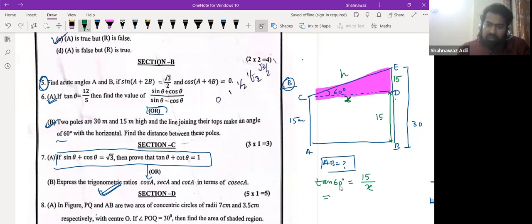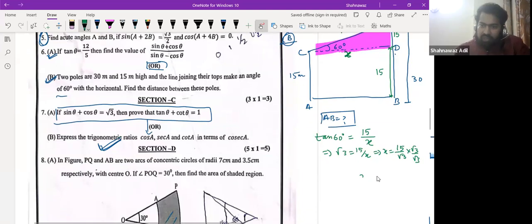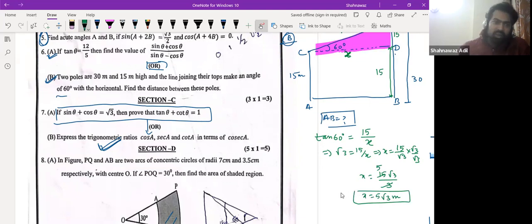Tan 60 is root 3, so x would be 15 by root 3. But you have to rationalize this. So x is 15 root 3 by 3, so 5 root 3. Yes, this is correct. Clear?